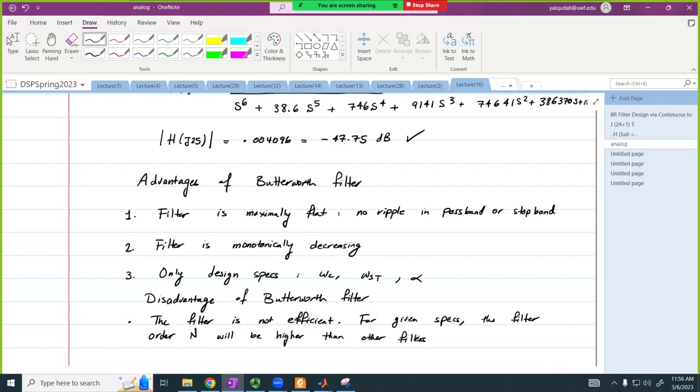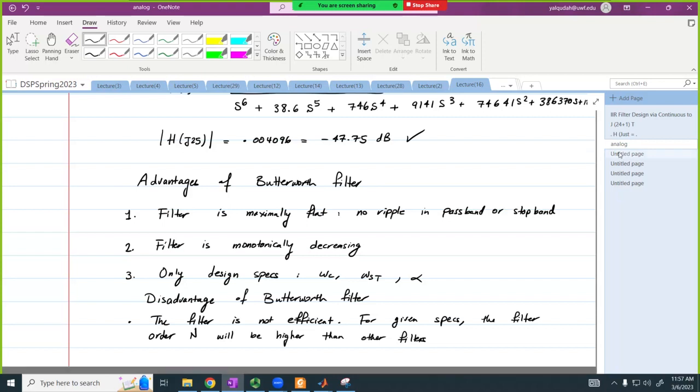The Butterworth is a nice looking frequency response, no ripples, no issues with higher frequency having attenuation less than a lower frequency. However, the Butterworth filter is not an efficient filter.